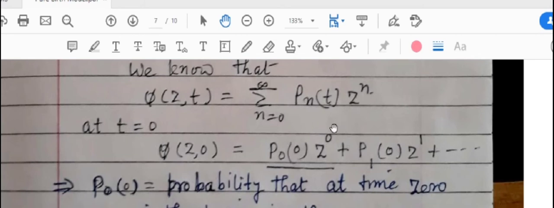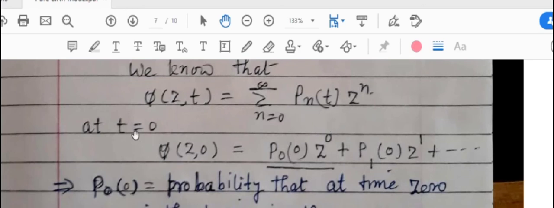Whenever I say generating function, you should not get disturbed, because there are also the pure branches of mathematics. Here it is the applied one, that is the probabilistic one.